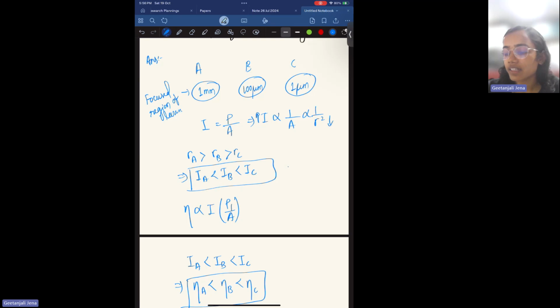Regarding exam pattern, we have already discussed: the exam will be assignment based, and questions will be similar to the assignment. Some will be conceptual, some numerical, and some fill in the blank, where you will be asked to fill up to a certain decimal. That is all about the exam pattern.